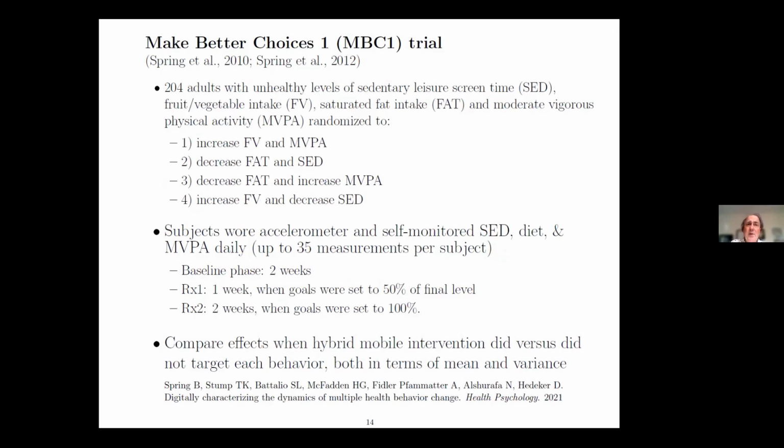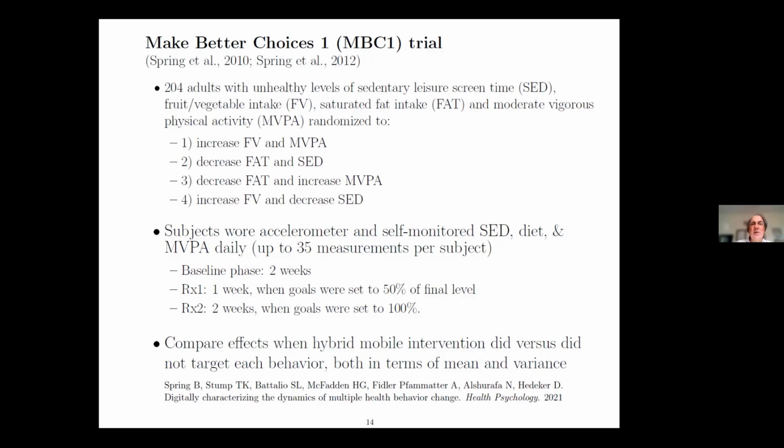So in this study, there were about 200 adults that had unhealthy levels of sedentary leisure time, as well as fruit and vegetable intake, saturated fat intake, and moderate to vigorous physical activity. We recruited such subjects, and they were randomized to four different treatment arms.